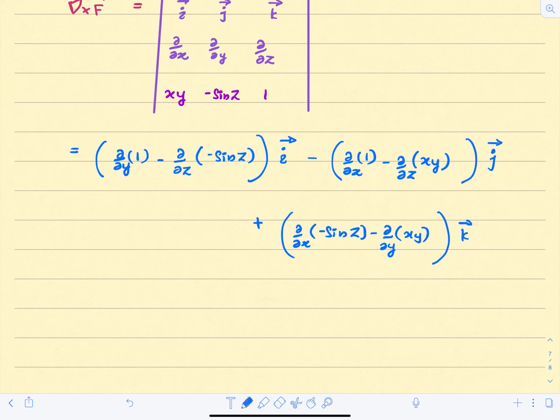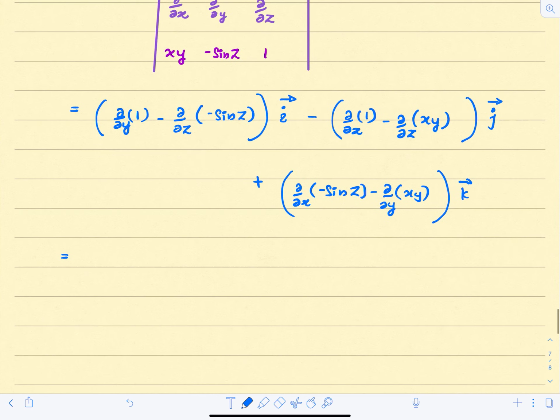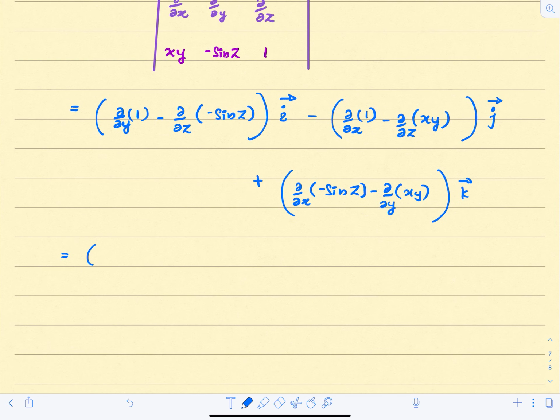Now we have the derivative of 1 with respect to the y variable is 0. Minus times this minus becomes plus.